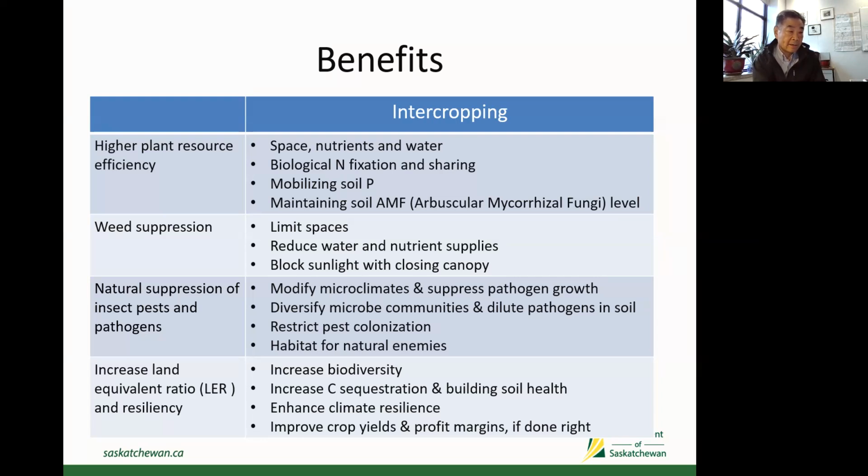That's another factor that would contribute to reducing the pests. And also, when you have biodiversity, it produces better habitats for natural enemies, or predators, of those bad insects.